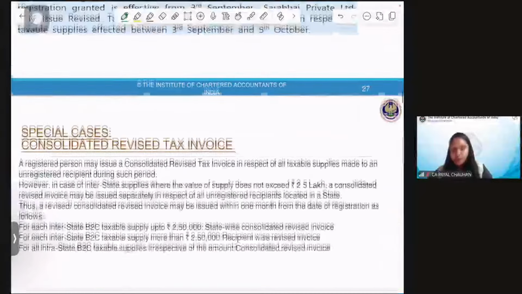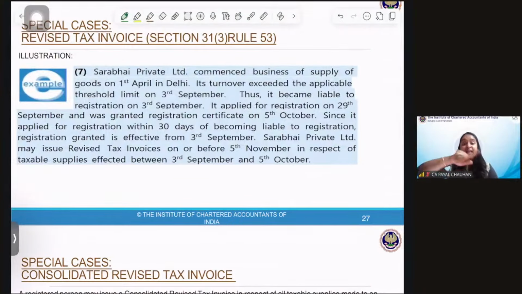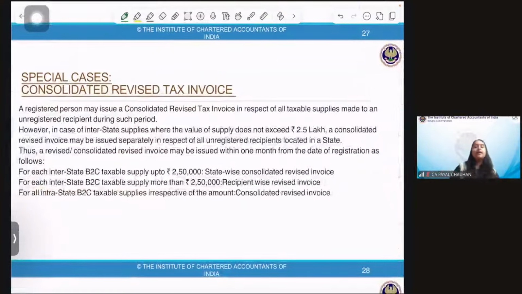Next question to you people. It is my intra-state transaction, and the whole transaction is B2C. Some of the transactions are exceeding 2,50,000 rupees also.